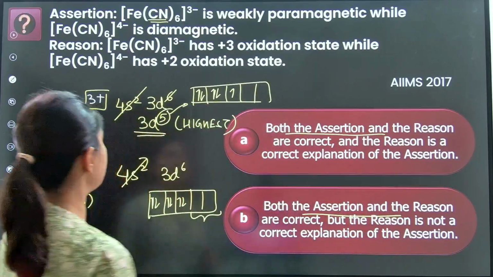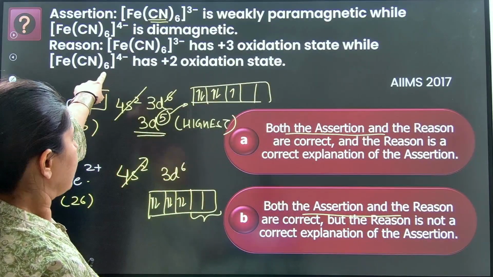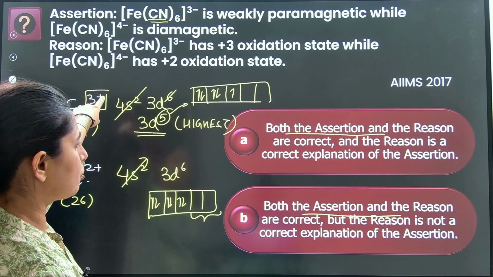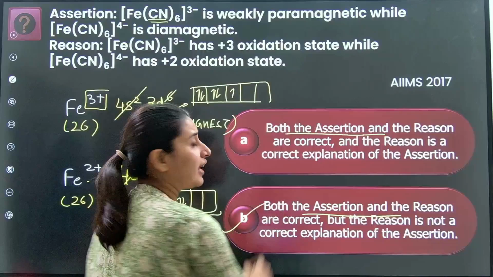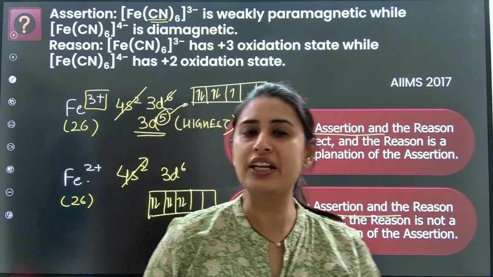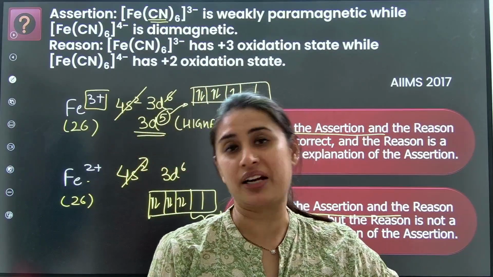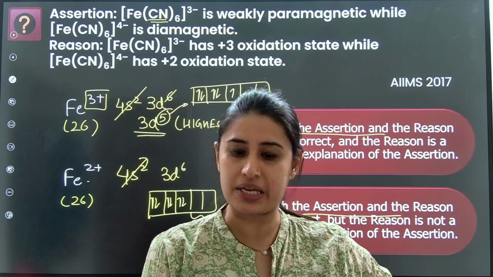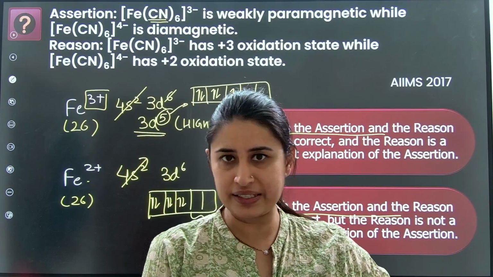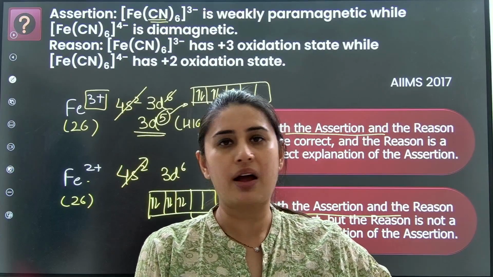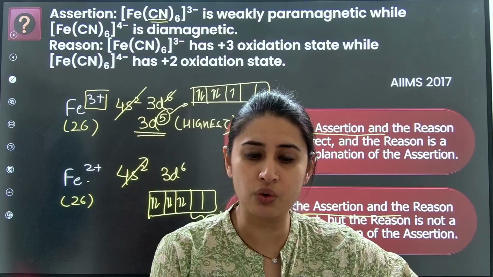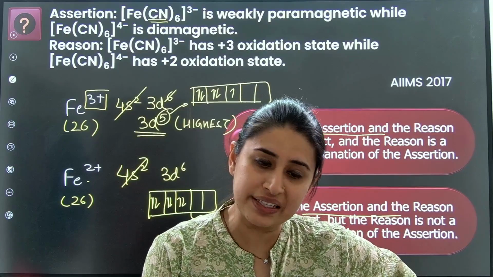So the answer can be A or B. Iron has +3 here and +2 there. That's true, but it doesn't give the explanation. The explanation lies in the ligand participation as well. A might sound fascinating, but we have nothing to do with just the oxidation state.